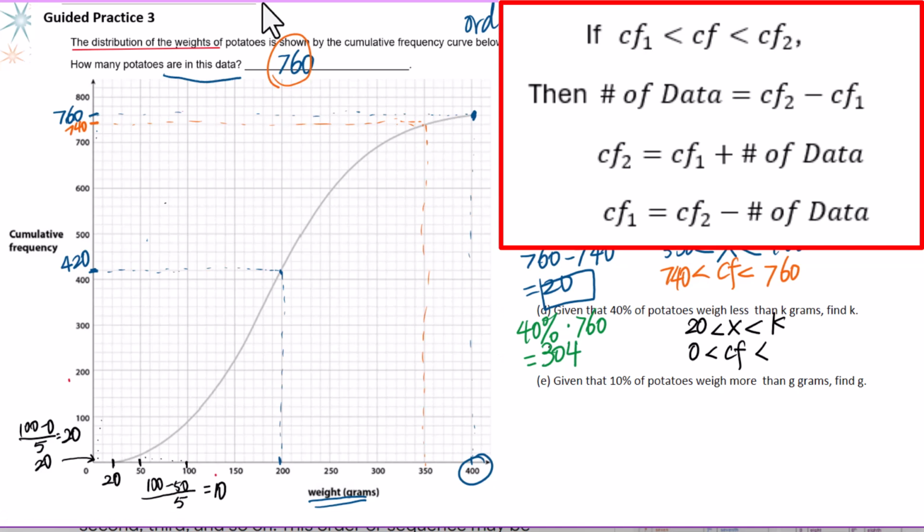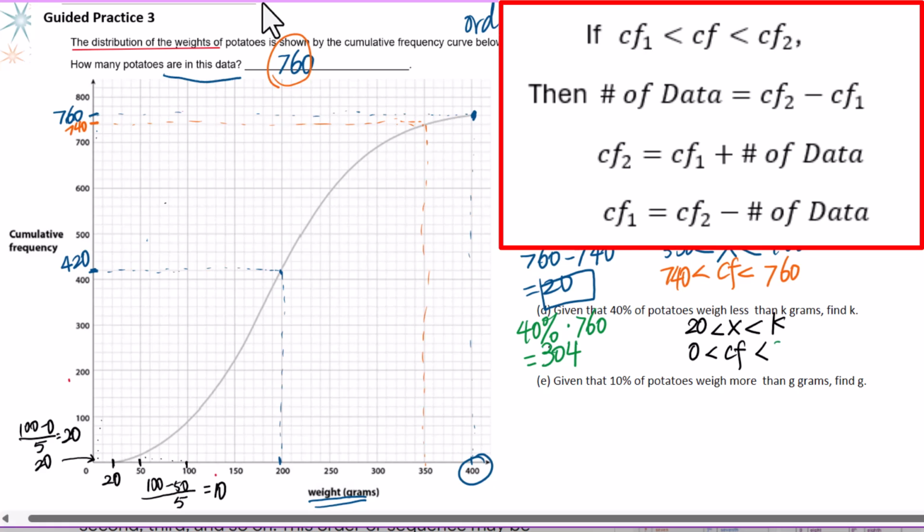So the cumulative frequency will be 304 plus 0, that is 304. Go to the y-axis, find 304. This is 300. 304 is very close to this 300. Just estimate. This is 171. So k equals 171.